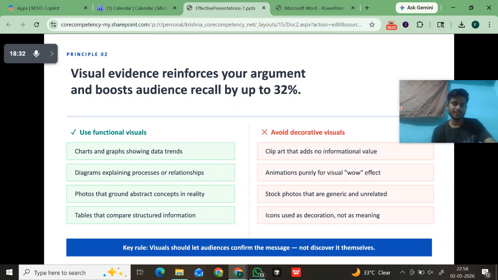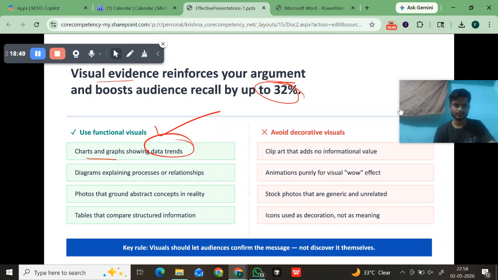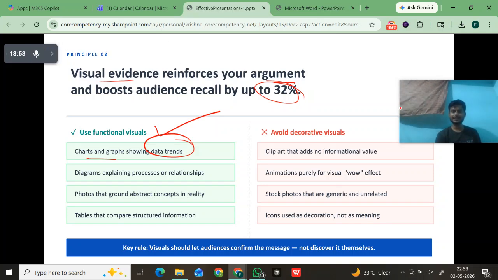So when we see visual evidence reinforces your argument and boosts audience recall by 32%, right? Use functional visuals: charts and graphs showing data trends. If the concept is about data, use a chart and graph, okay?